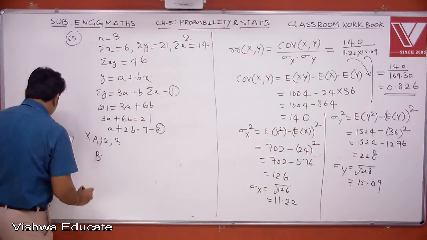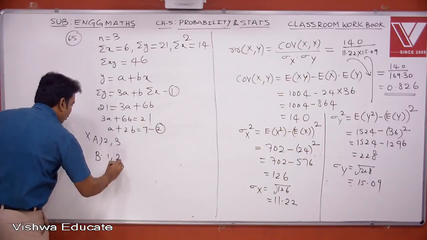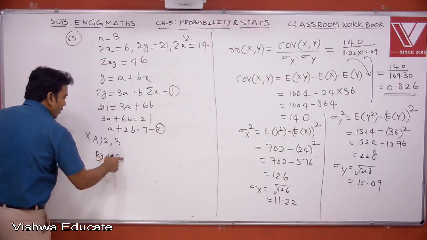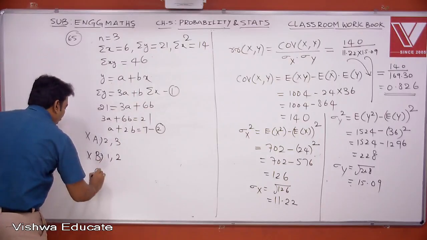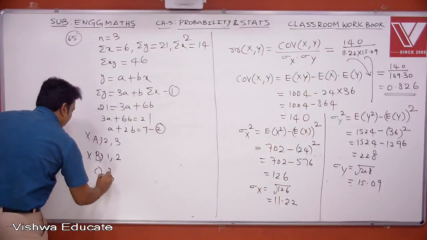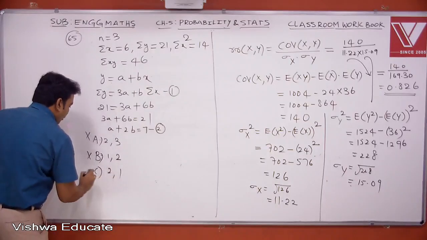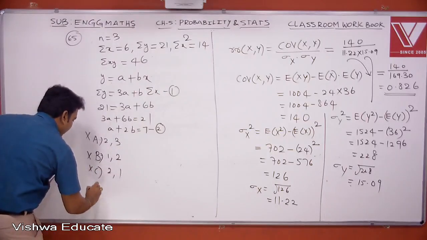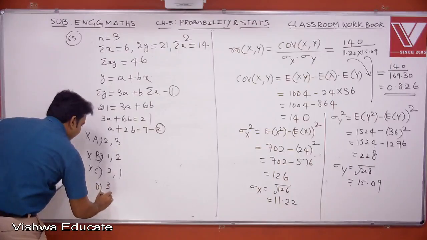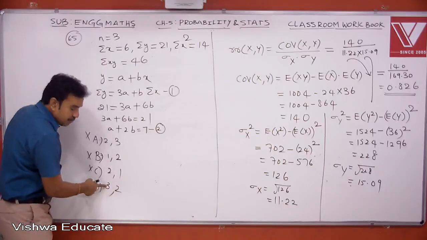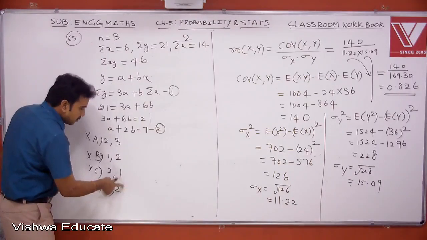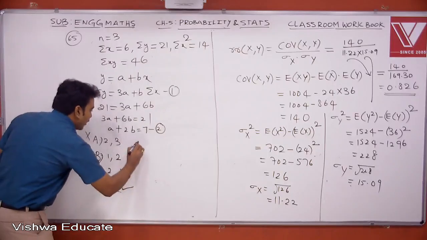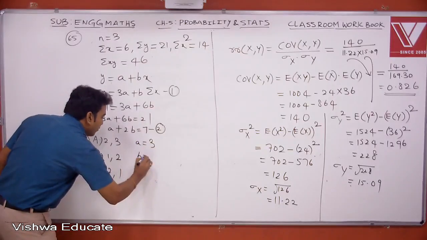In option B, 1 comma 2. So a plus 2b, you won't get 7. In option C, the values are 2 comma 1. A plus 2b, you won't get 7. So ultimately D. But let us see D. Here 3 comma 2. So 3 plus 2 times 2, you will get 7. So therefore here the a value is 3, the b value is 2.